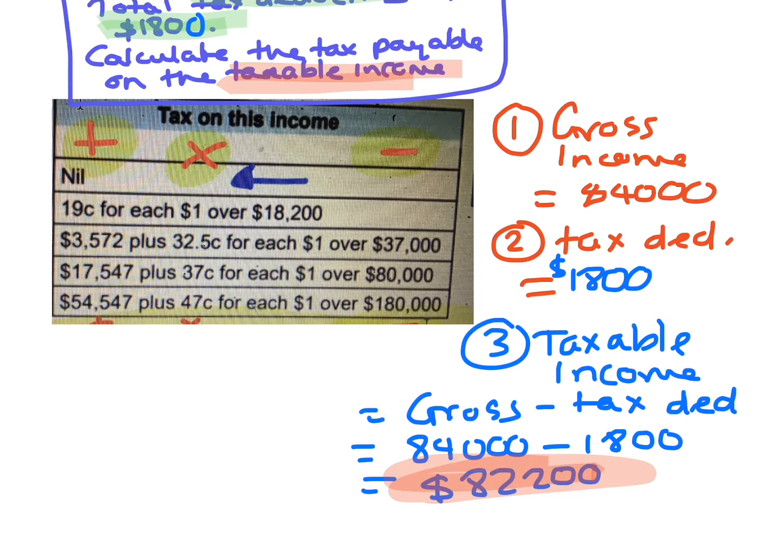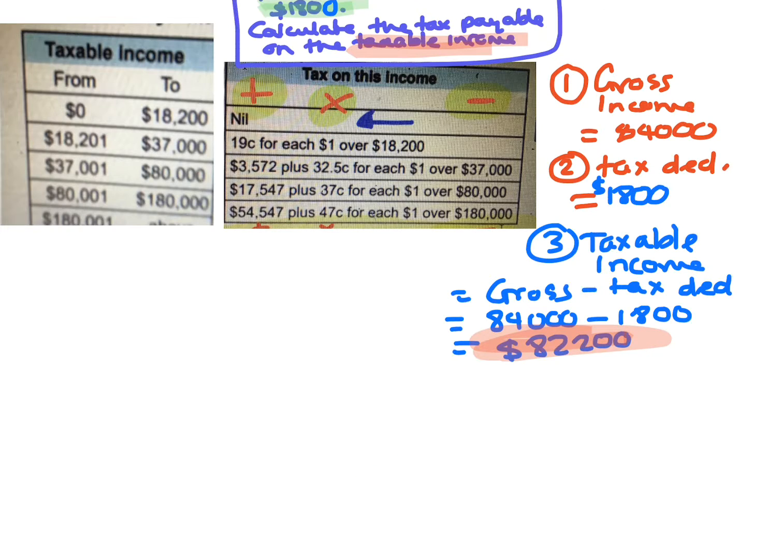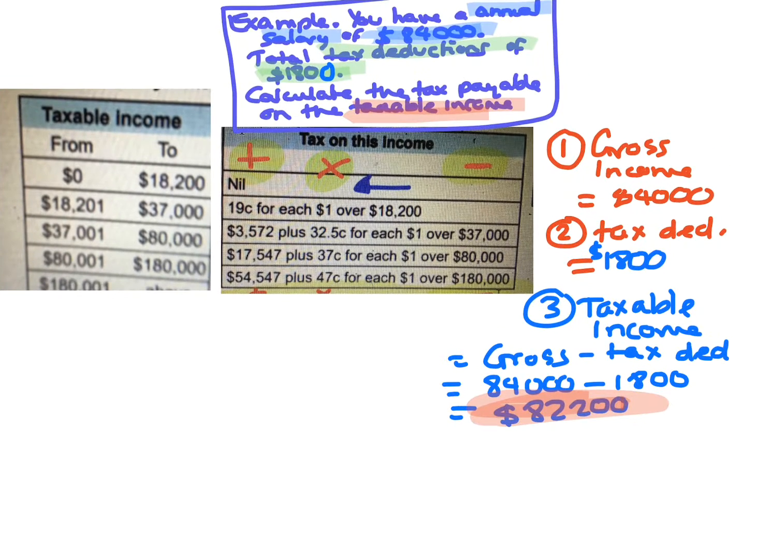So now you go to the tax table. Now 82,200, which bracket is that in? That will be in this bracket here, the second last one. When you're doing this, you always start at the last one.